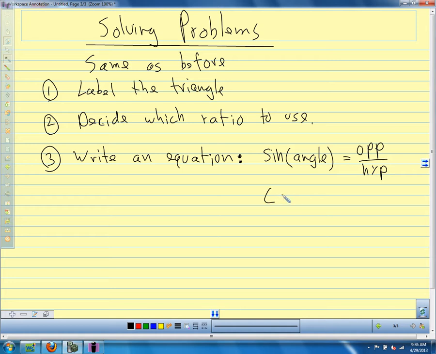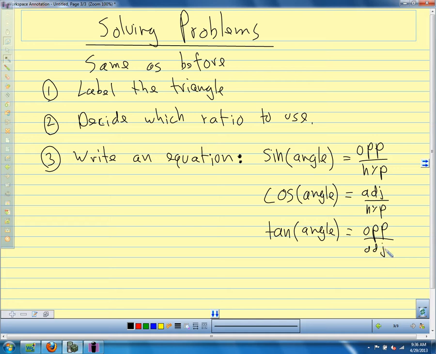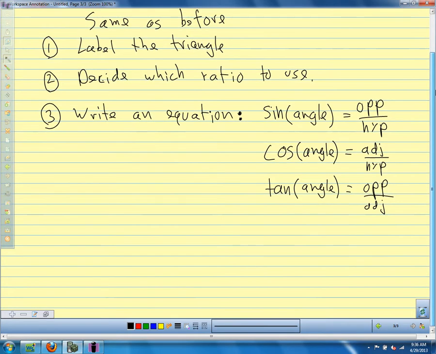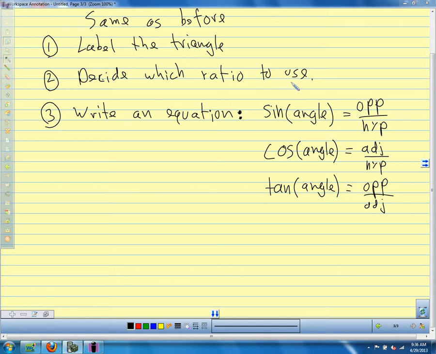If we have the adjacent and the hypotenuse, then we write the cosine of our angle equals the adjacent over the hypotenuse. And if we have the opposite and the adjacent, then we write the tangent of the angle equals the opposite over the adjacent. So we have three choices of equations that we can use. So we have to decide which ratio to use. When we decide which ratio, then we write the equation that goes with that ratio.